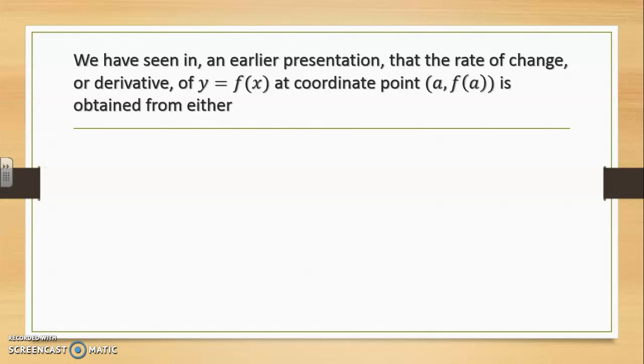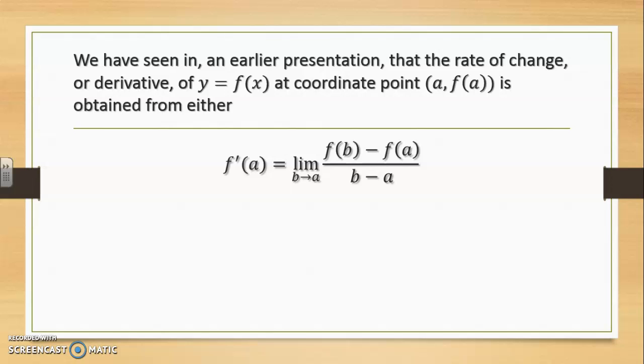We have seen in the previous presentation that the rate of change, or the derivative, of a function y equals f of x at coordinate point a, f of a, is obtained from f prime of a, which is the limit as b goes towards a of f of b minus f of a over b minus a.